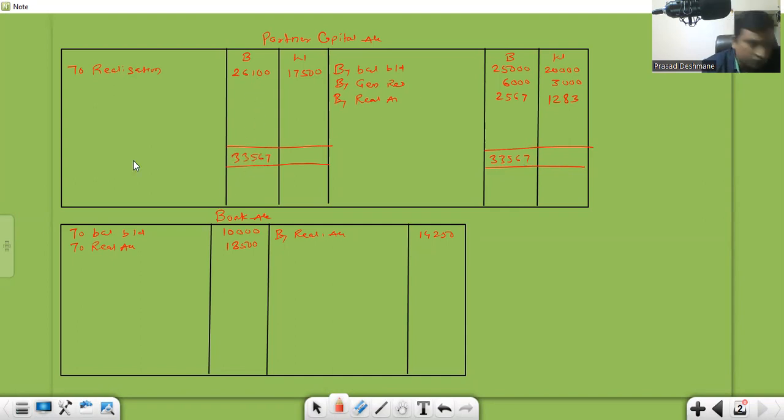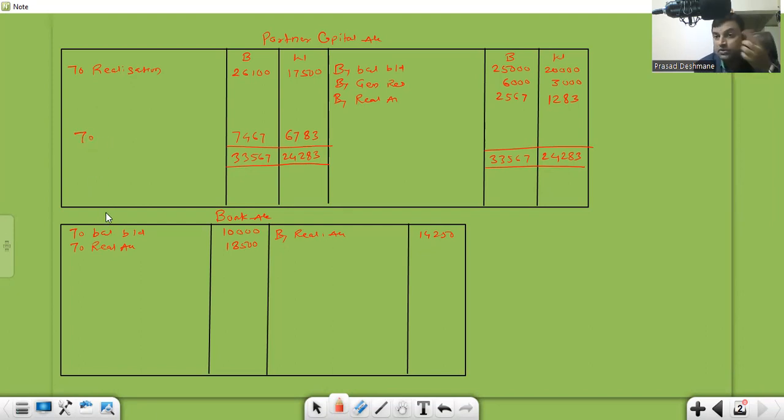From this, I'll subtract this 26,100. Then I get 7,467. Similarly, I'll close this one also: 24,283. From this, I'll subtract 17,500. Then I'll get 6,783. That I'm going to record.